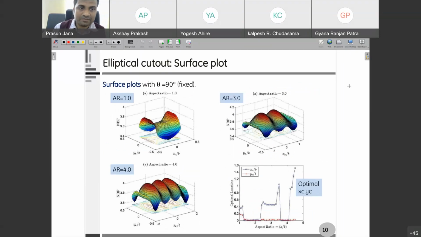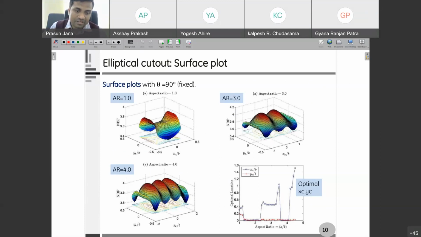All right. So now, this is the surface plot again to see how the surfaces look. If we again use some grid points to see how the position of the cutout changes within the rectangular plate itself, then how the surface will look like.